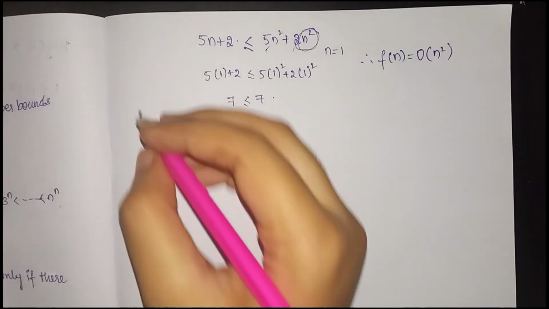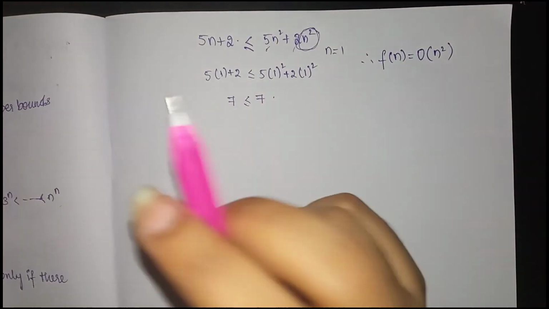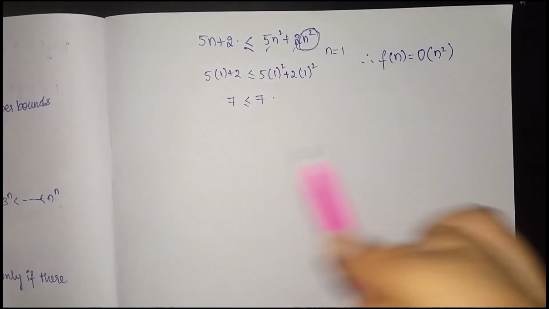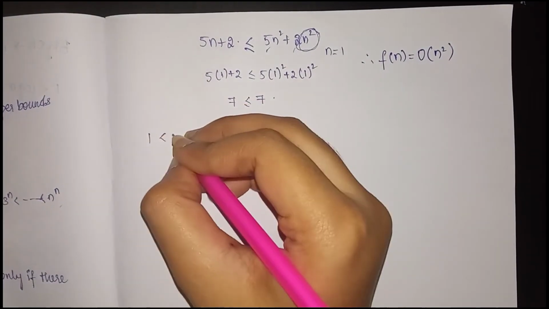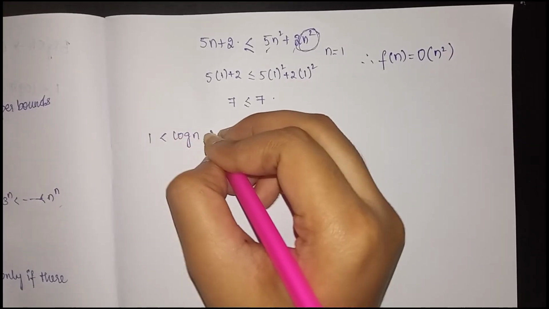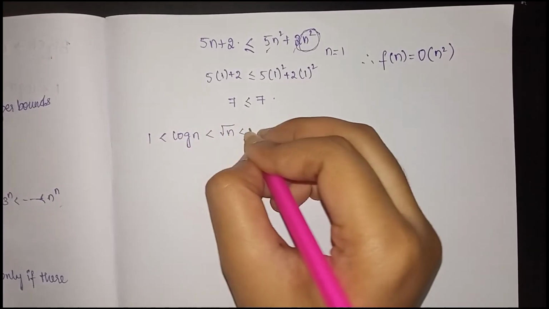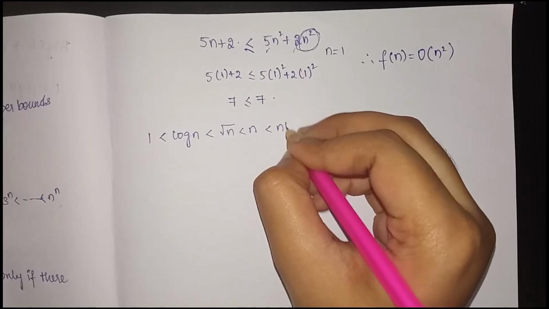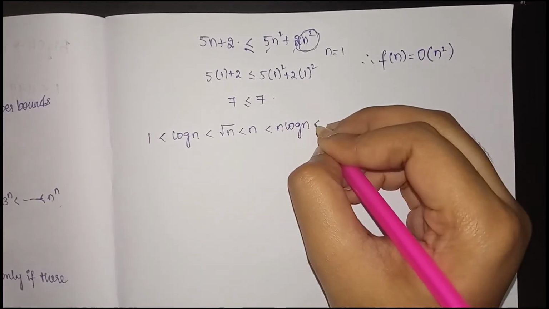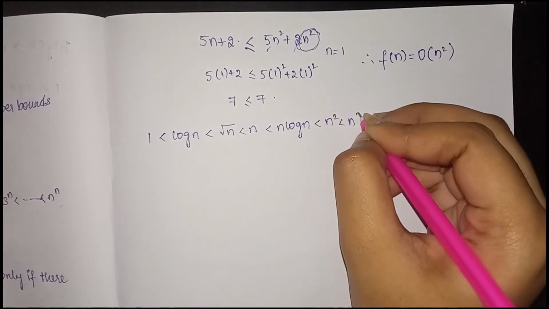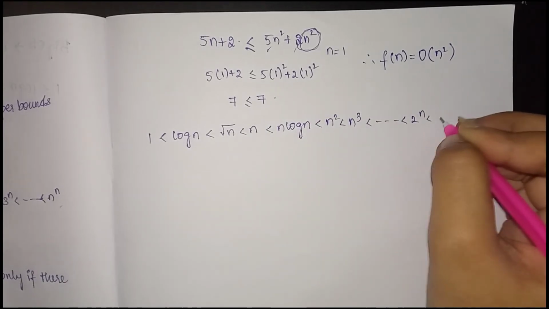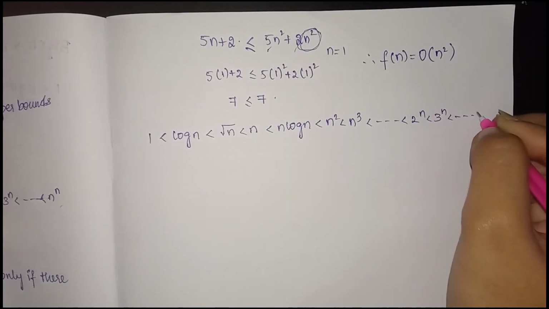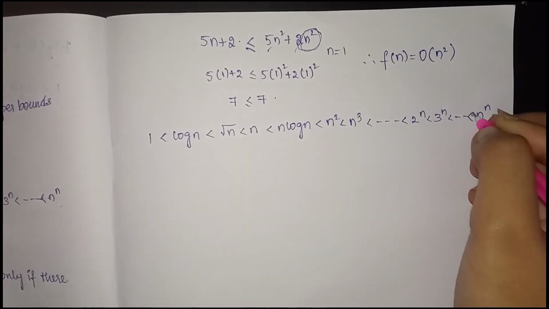In the first video I drew a line and told you that I'll explain this in the future. What is that? 1 less than log n less than root n less than n less than n log n less than n square less than n cube, and so on, 2 power n, 3 power n, and so on up to n power n.